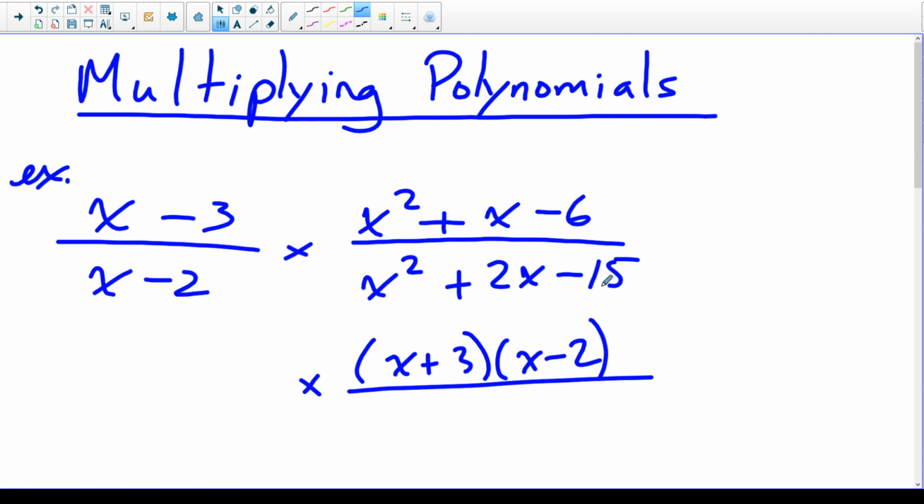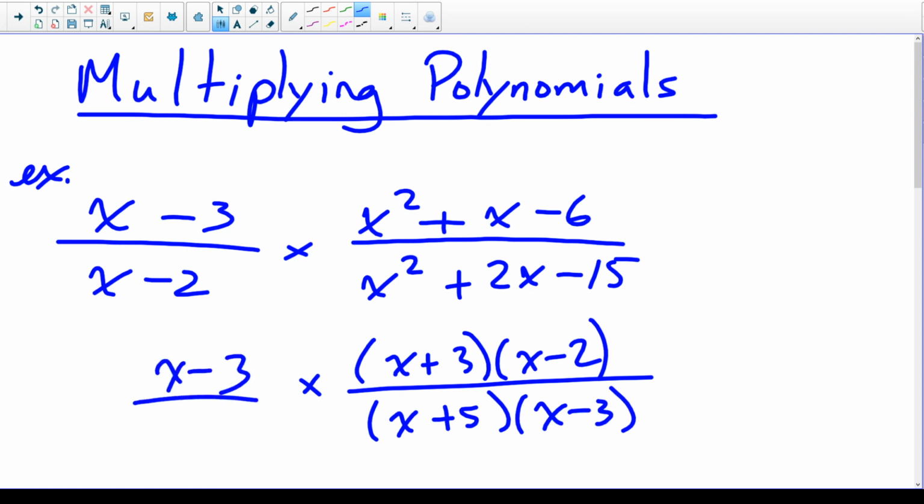On the bottom, we need two numbers that multiply to -15 and add to 2. That would be 3 and 5. One of them has to be negative. I believe the 3 is negative.